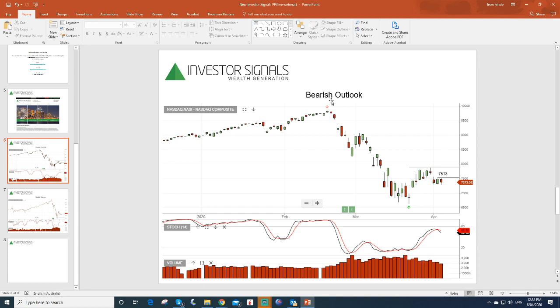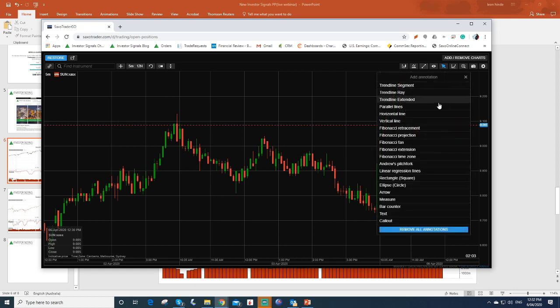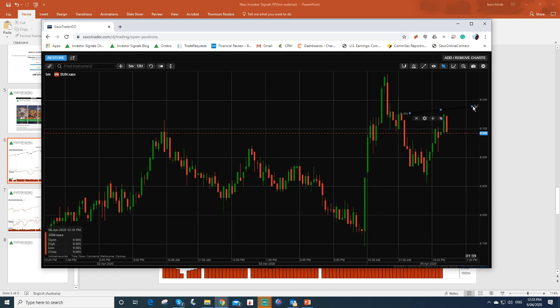But if we see resistance build at 75.18, then your short positions in Suncorp and ANZ. So you've got resistance there in Suncorp at around 930 for round numbers. We've had a sell-off, it's had a bounce back. We've got new resistance there at around 915. You could create a resistance line there at 915.